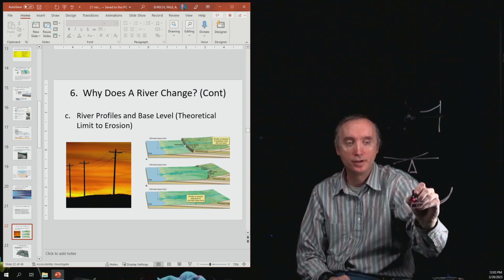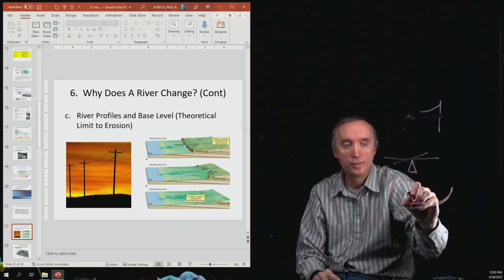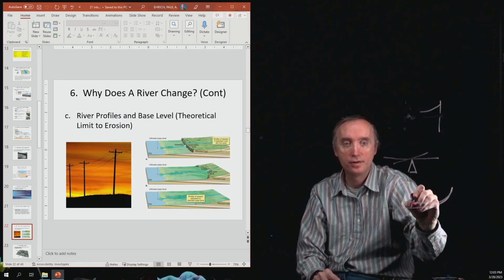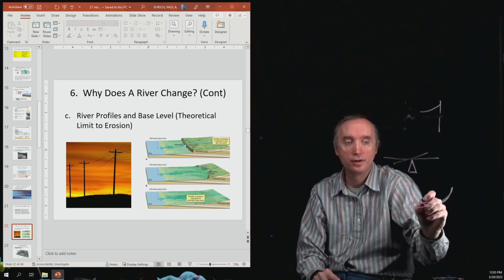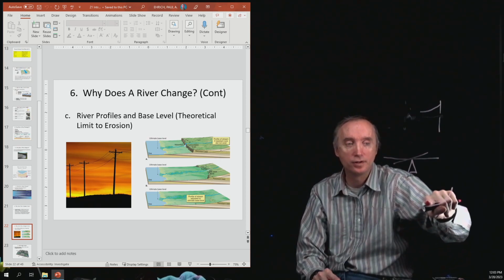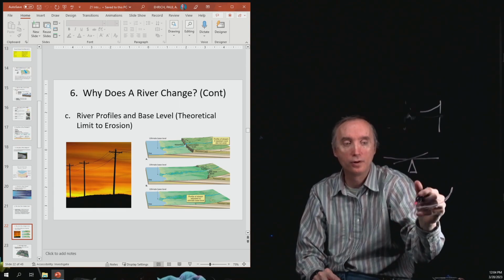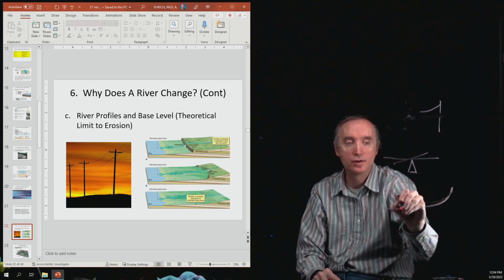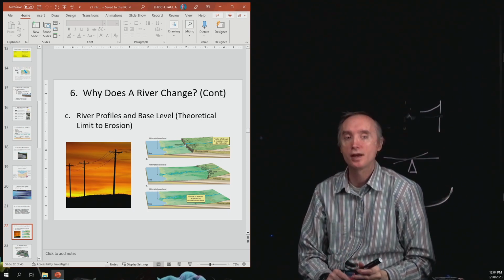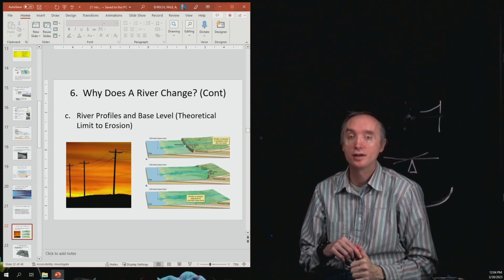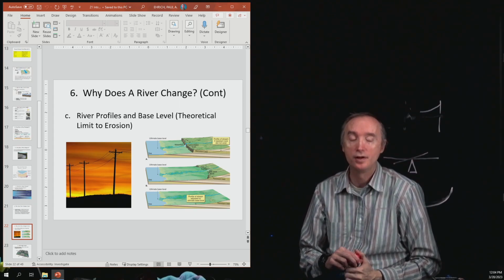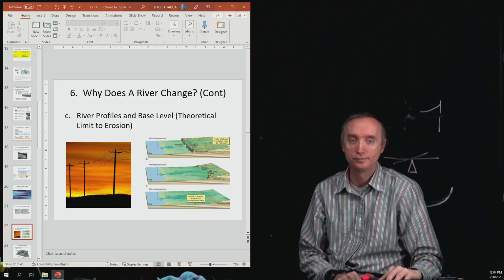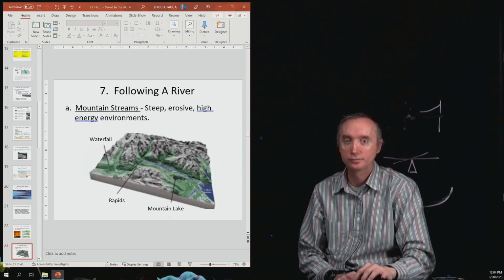The water is going to make a waterfall over here, and it's going to begin to erode this part until all of this material is eroded away or deposited, until again it makes that nice river profile that it wants to have. So again, a river is going to either erode or transport until it achieves these ideal characteristics that it wants to have.